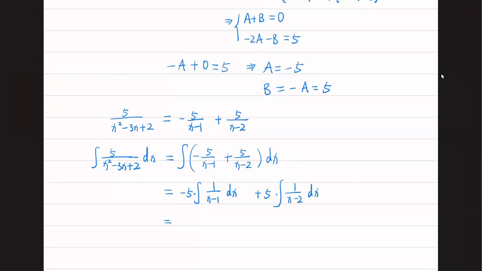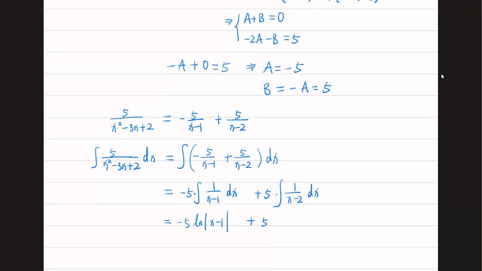Okay, Sophia, what's the first one? ln x minus 1. Again, don't forget the absolute value.